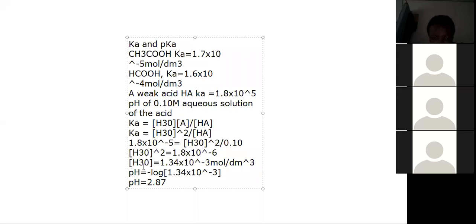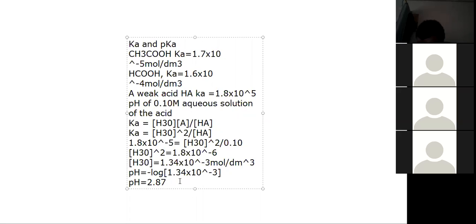And so that means the concentration of H3O plus is equivalent to this, and that of A minus is also equal to this. I hope you are getting it because they are equimolar. And so pH is equal to minus log of 1.34 times 10 to the power minus 3. And we can get this.